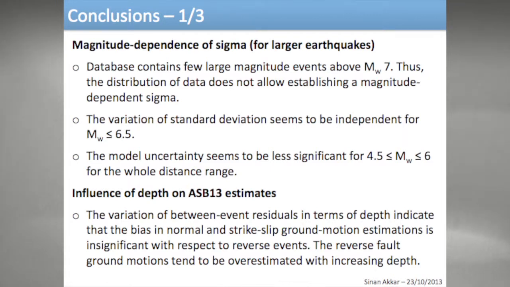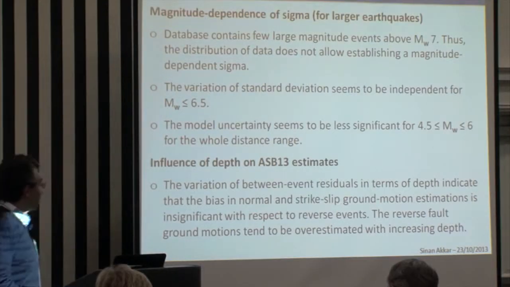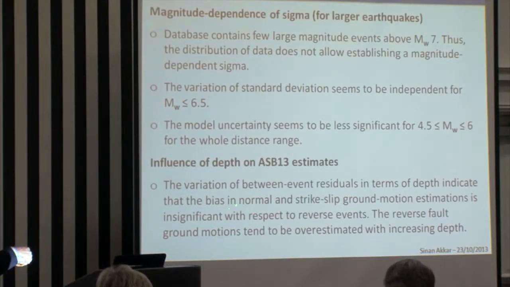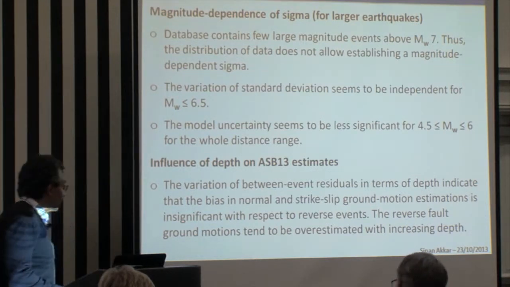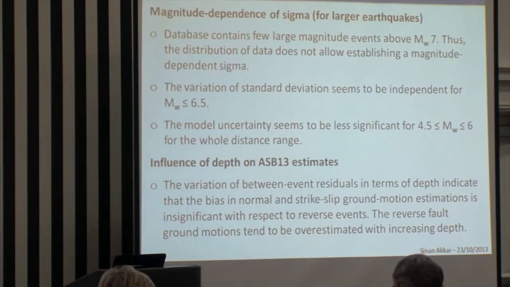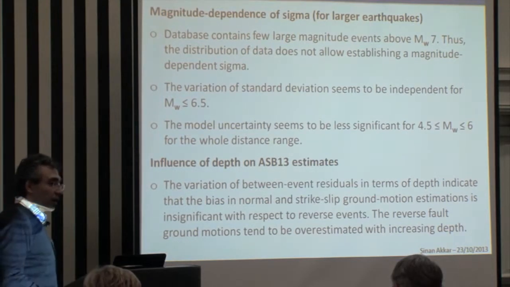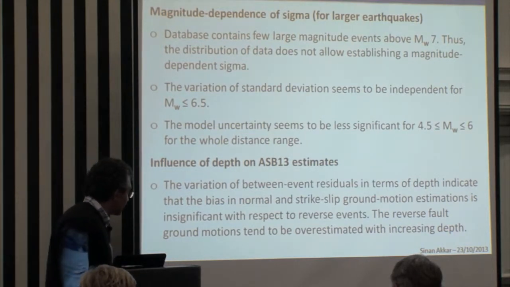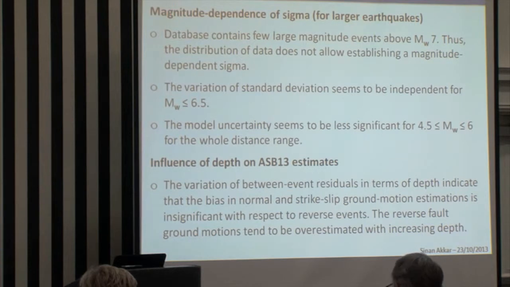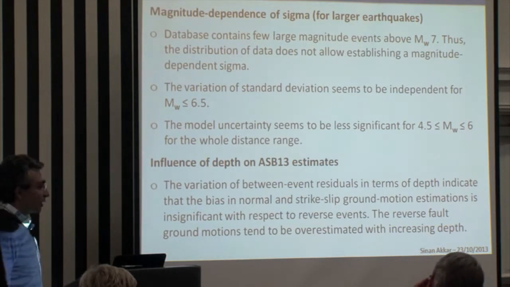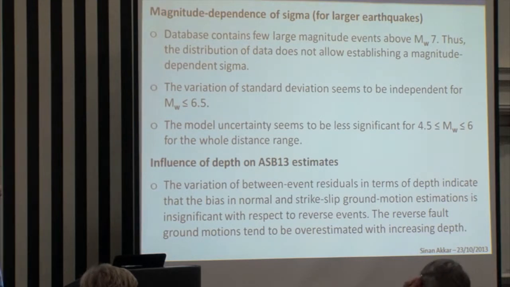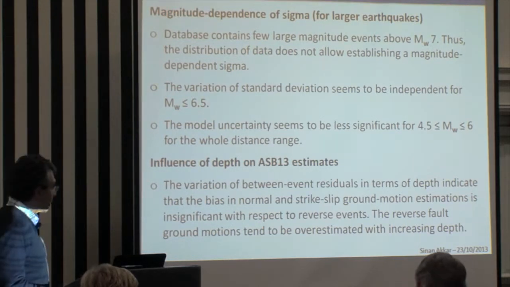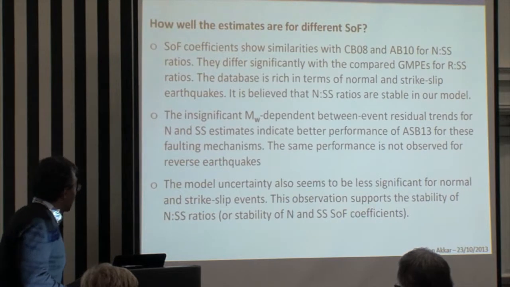Well, the variation of between-event residuals in terms of depth indicates that the bias is insignificant for normal and strike-slip earthquakes, but there is some sort of bias in our median estimations for reverse events. As the depth increases, we are overestimating the ground motions for reverse events.